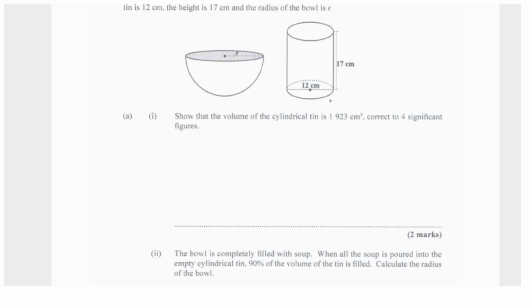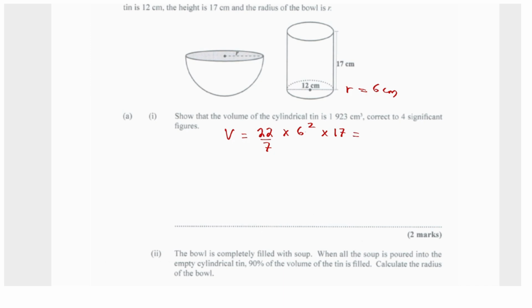So the volume of the cylindrical tin is going to equal pi, which is 22/7, times the radius squared. The radius here is going to be 6 centimeters. So we're going to times that by 6 squared, times the height, which is 17.